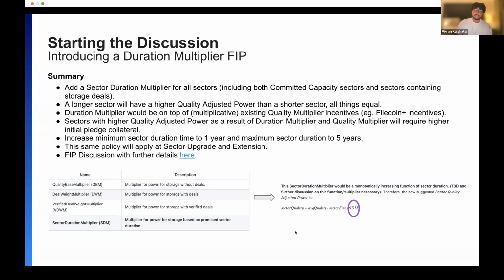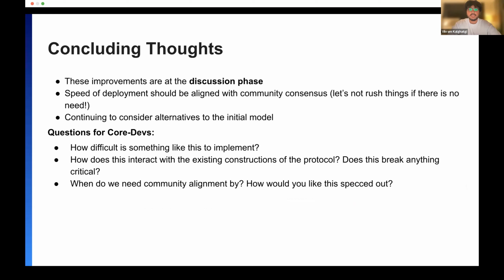So you can see here that this equation at the bottom gives our interpretation of sector quality. Right now, it's determined by the average quality times the sector size. We propose just adding on this extra multiplier that is contingent upon the time a sector is committed for. So that's the broad overview.